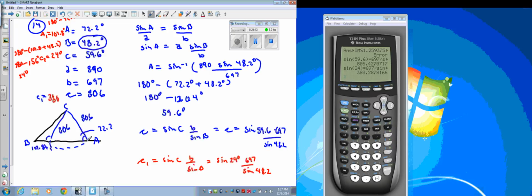Then this side would be 806. And that'd be 24.